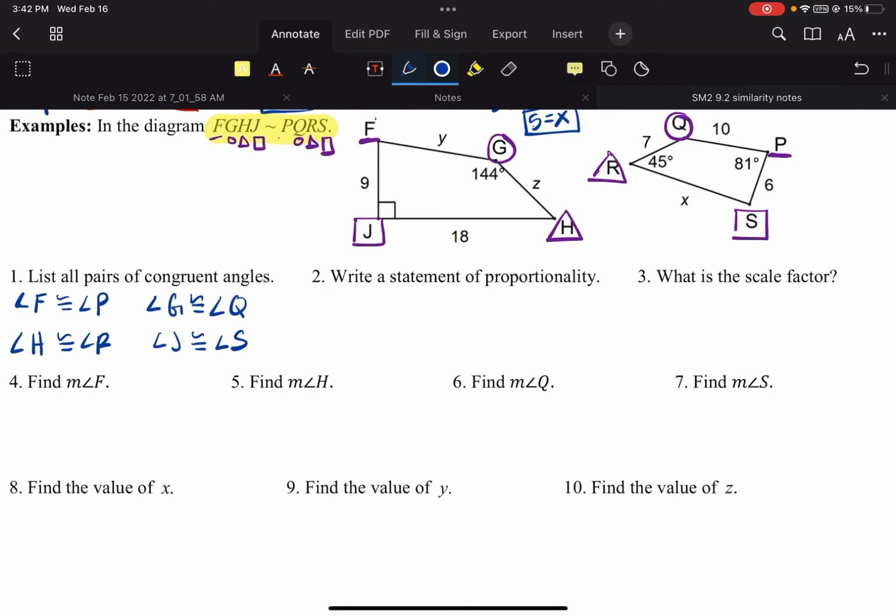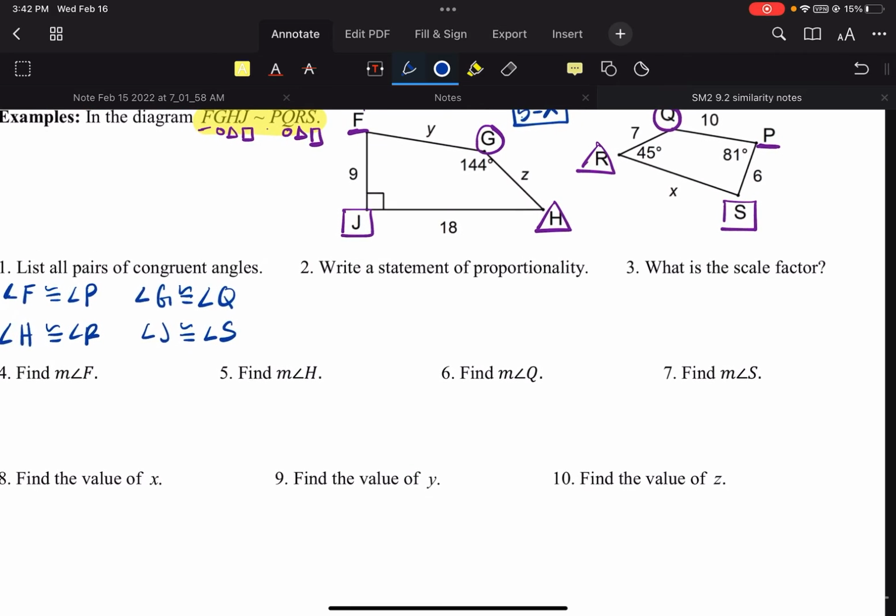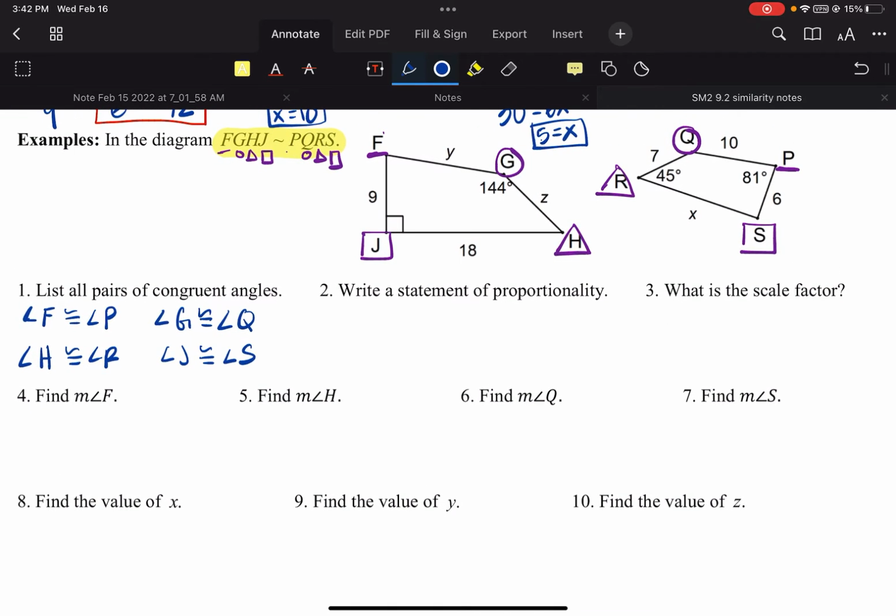All right, let's write a statement of proportionality. So here we already know that our quadrilaterals are similar, so we know the side lengths are going to be proportional. So just go ahead and start writing out our fractions. So I'm going to have 9 over 6 is equal to, and I'm going to go counterclockwise around, 18 over x, which is equal to z over 7, which is equal to y over 10.